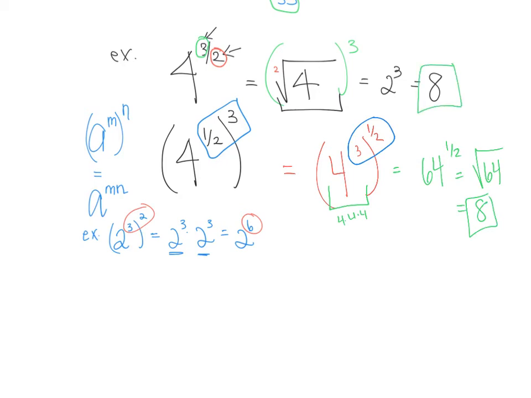If we go back to the original example here, 3 is really the power, and the 2 is going to be our root or our index.